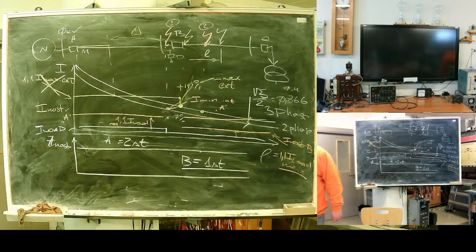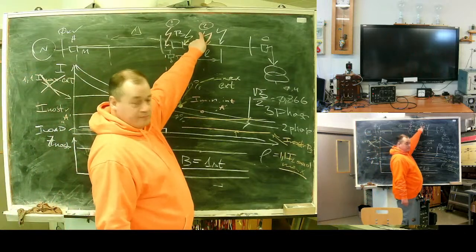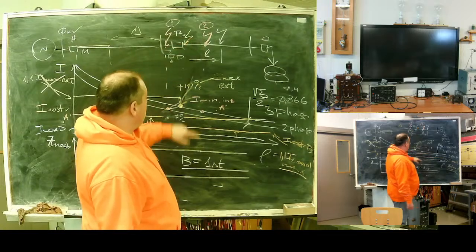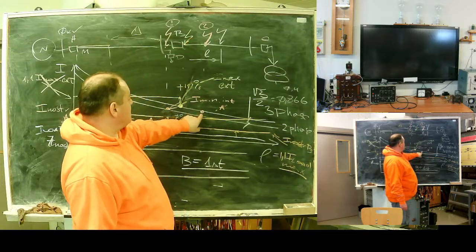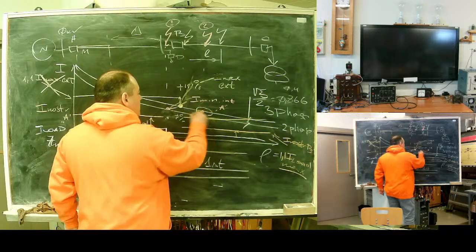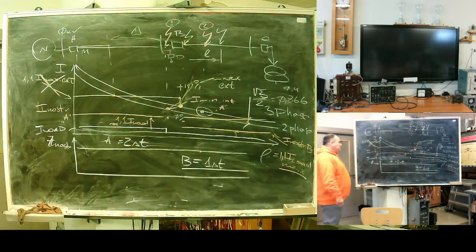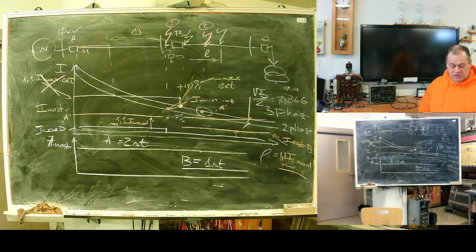I'll explain in a second. First, let's try to understand how it will work. Let's say we have this fault number 2. Where is the current of fault number 2? Here it is. What happens with the current function of A?